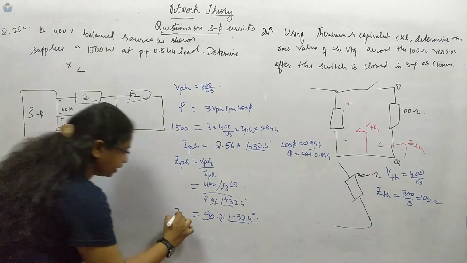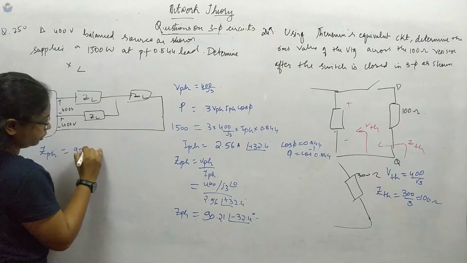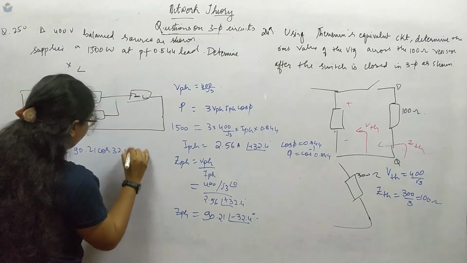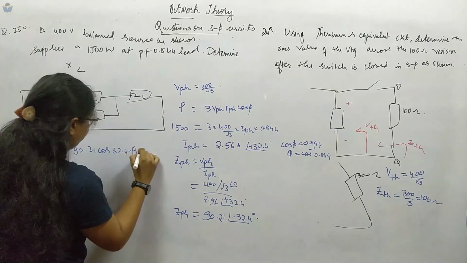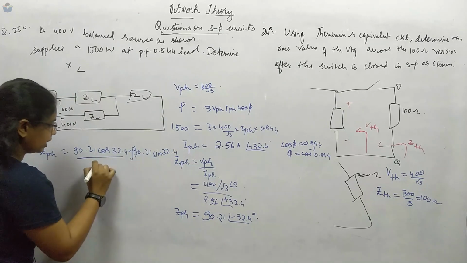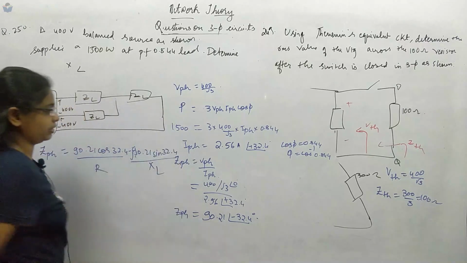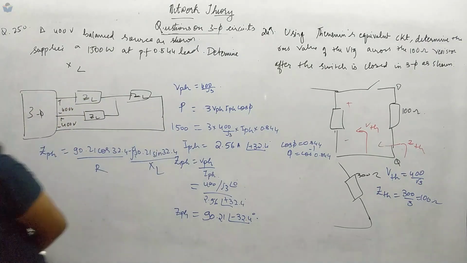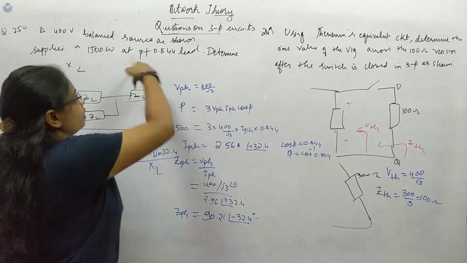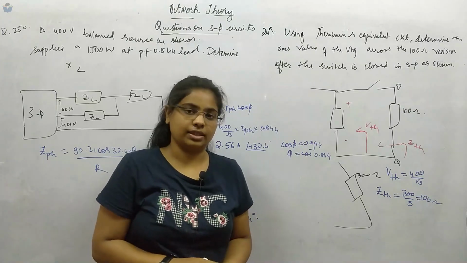When you split it up, you will get 90.21 cos 32.4 minus j 90.21 sin 32.4. Now this is the real part and this is the imaginary part, which is the load reactance. So this is the answer for this question. If you find out this value, you will get the load reactance. So in the next lecture, we will see passive filters. Okay, thank you.